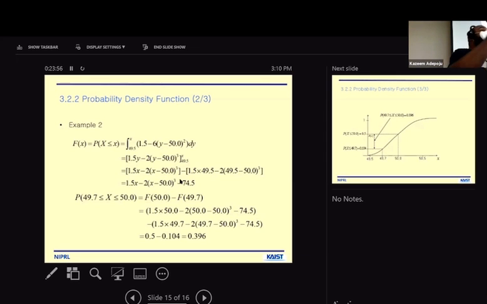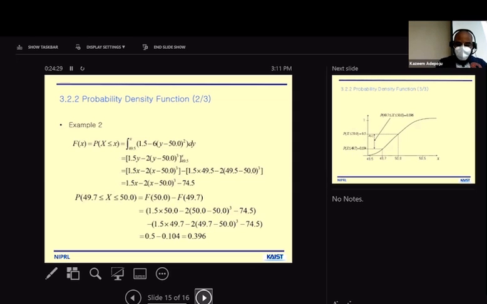That is the CDF, the big F of S. Now I can use that CDF to answer any probability question. For instance, the probability that X lies between 49.7 and 50.0: plug in 50 wherever you find x, compute that, plug in 49.7, compute that, then subtract and you get your result. It's as easy as that.